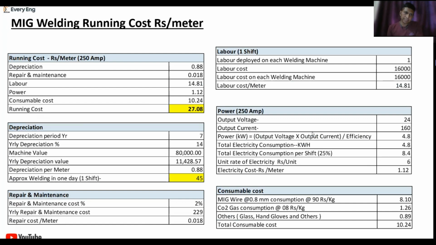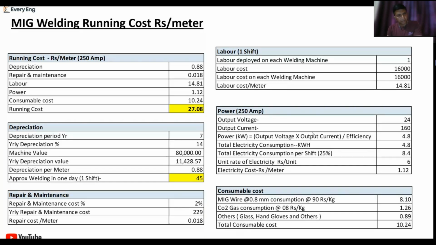This is the same fundamental, but now we calculate per meter of welding, because now we take the product as a sheet metal product. In that session we discuss only the press machine cost, and now the welding machine cost. For the welding machine, we are calculating the MIG welding running cost per meter.